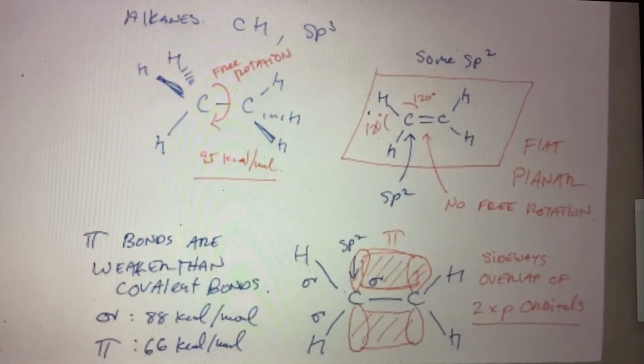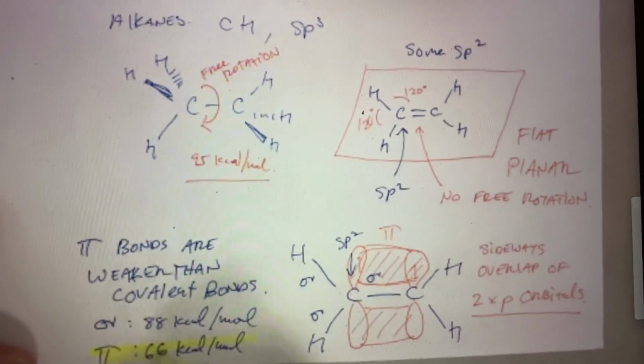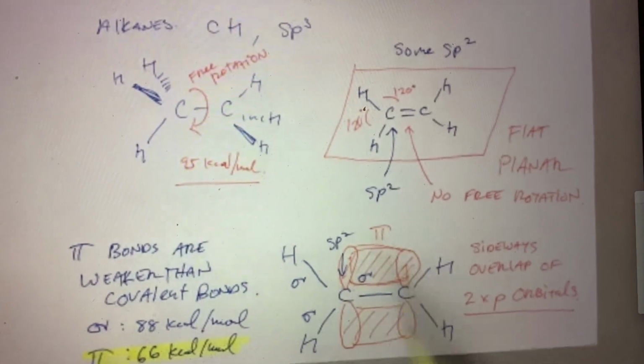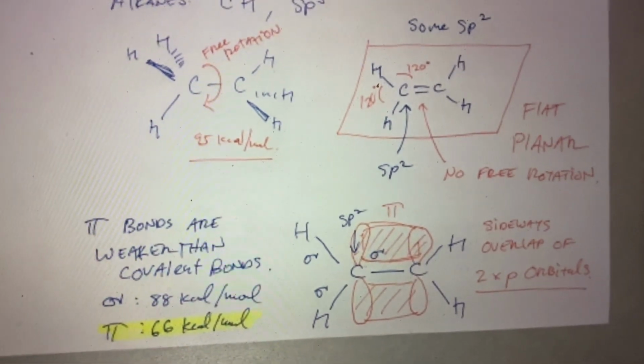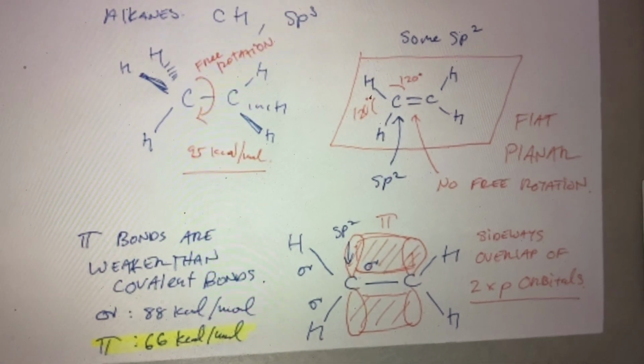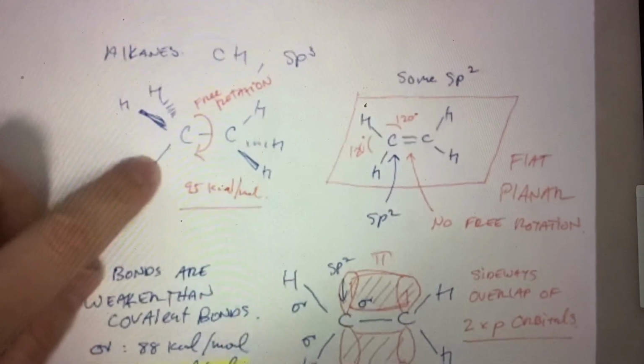Okay? And it's this key point right here that the pi bond is a little weaker. It has this funny shape or architecture, and this is where reactivity comes into play for these types of compounds and why they're reactive in a very different way than alkanes are.